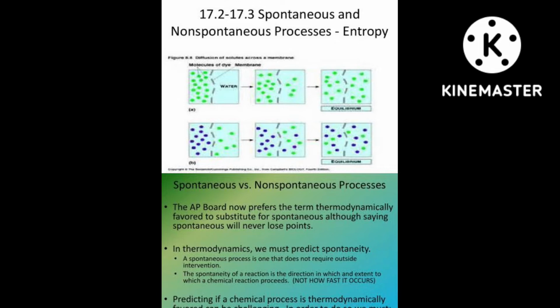Here we may ask, what is the driving force of a spontaneously occurring change? Why is it happening? Due to which force is it happening? Why is it flowing on its own?